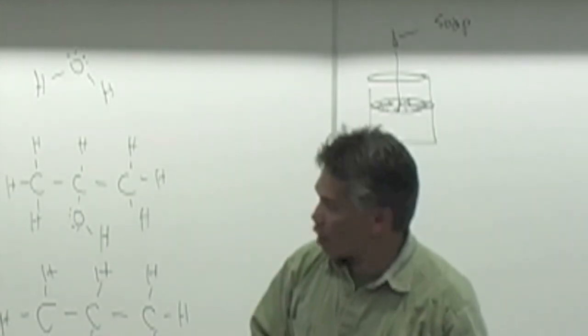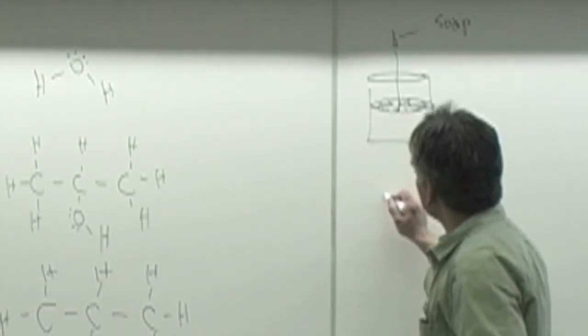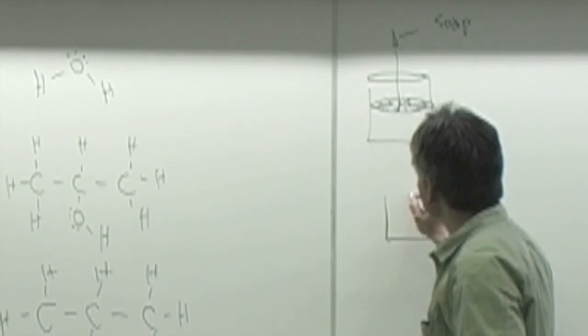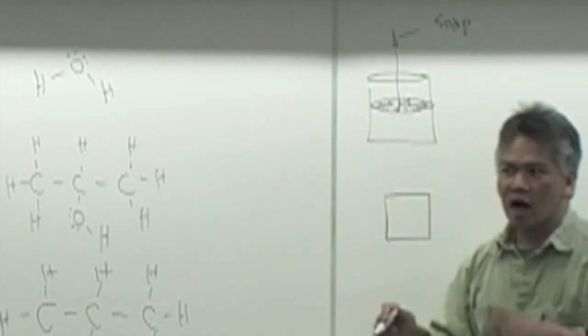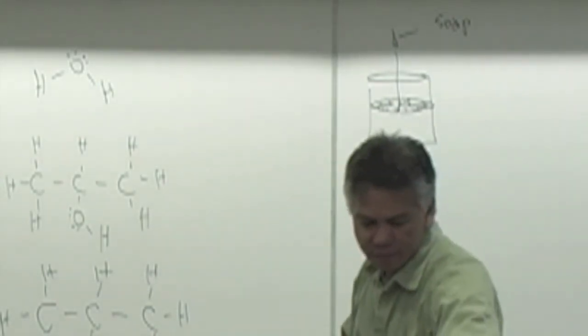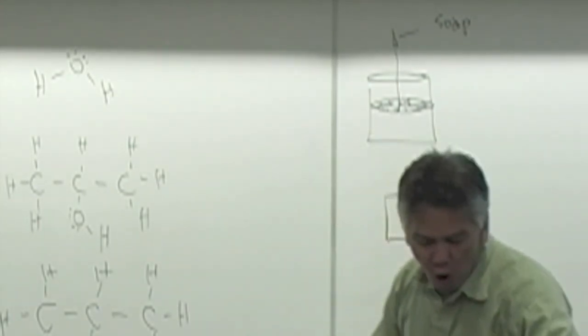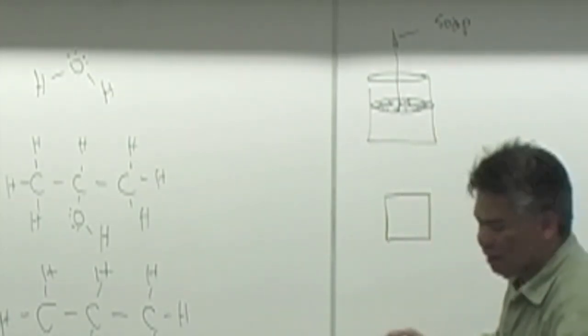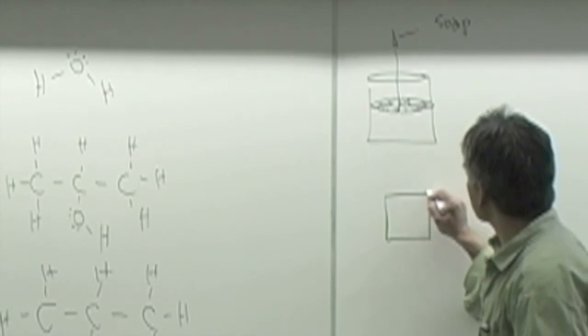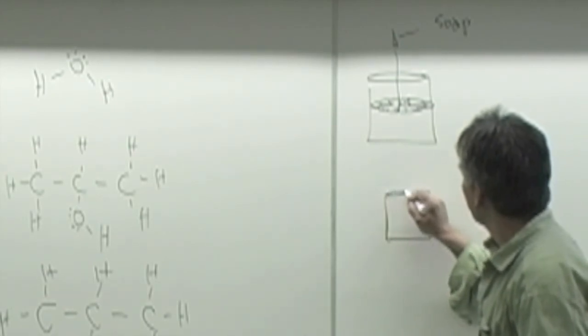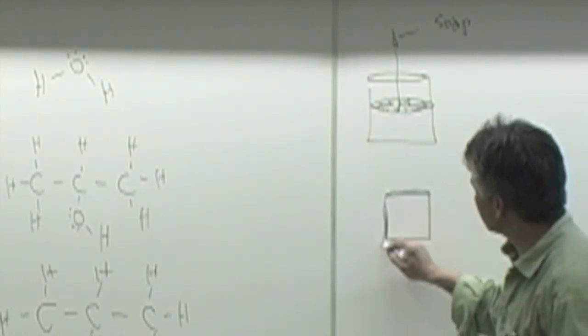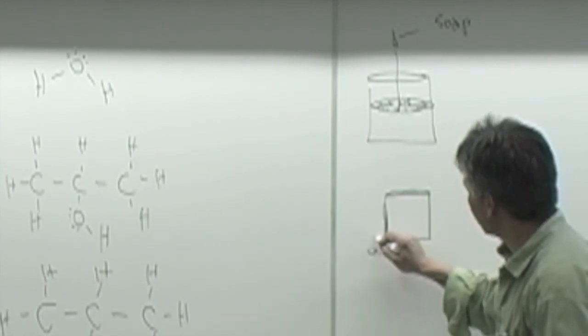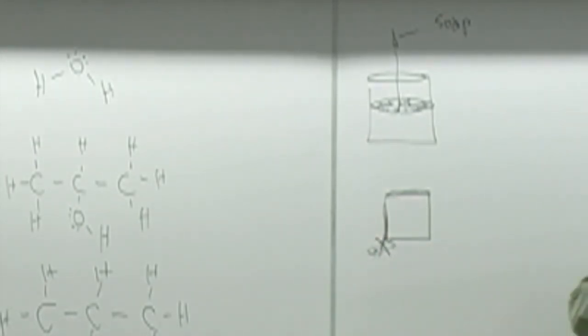The last experiment that you guys are going to be doing, this is hard because you've got to take a container like this and fill it all the way to the top so that the liquid is just bulging but hasn't spilled over. Okay? It's bulging right at the top.